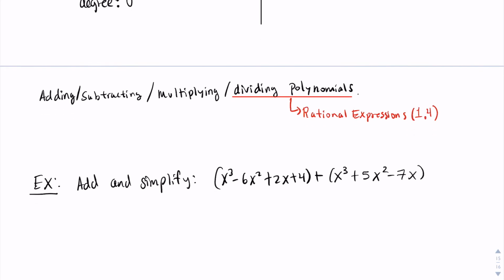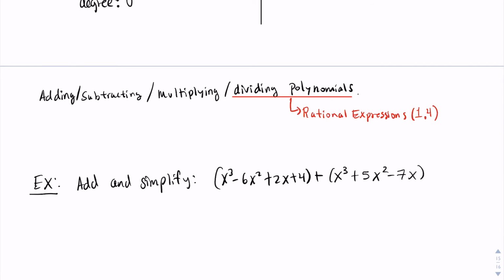How do you add two polynomials? You look at the like terms. So x to the third here and x to the third, these are like terms. That will make 1x to the third plus 1x to the third, which gives you 2x to the third.